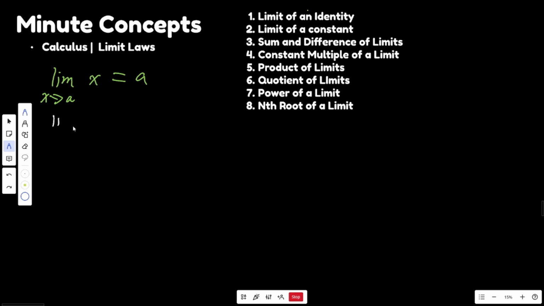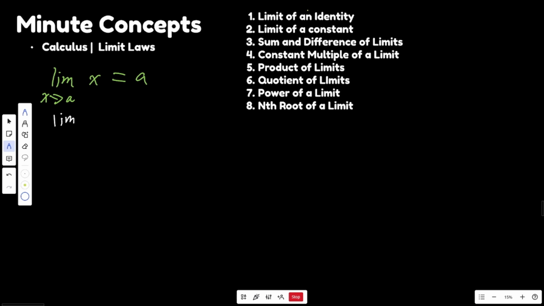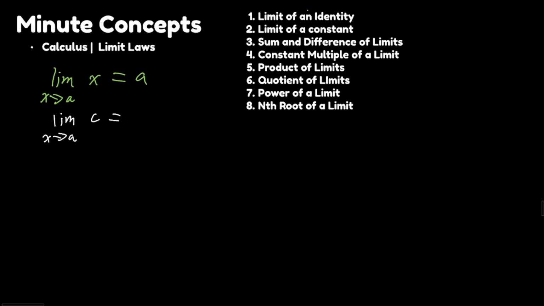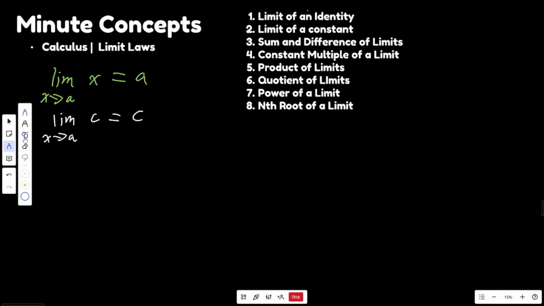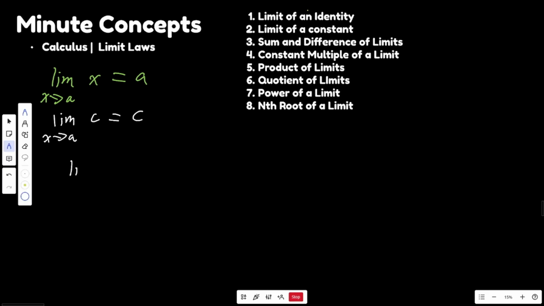Now, that's pretty simple. Same thing goes for the limit of a constant. So the limit as x approaches, let's say, a of a constant, instead of it being the value we're approaching, it's just going to be equal to the constant itself. We cannot change it. Now, for the third one, the sum and difference of limits. So let's say that we're supposed to add limits together.